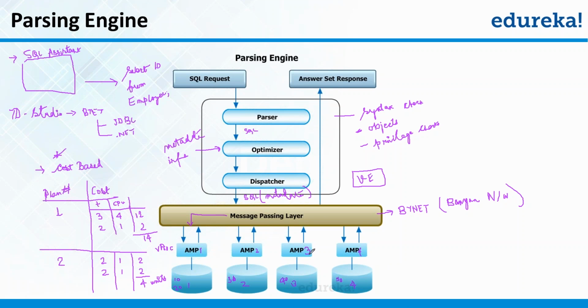Now, what if you were running a sum function? AMP1 will run a sum function on 10 and 20 and give the value. Similarly, AMP2 will then add 30 to the sum that AMP1 has sent. AMP3 will have a local sum which it will add to this sum, and then AMP4 will finally add its own contribution.